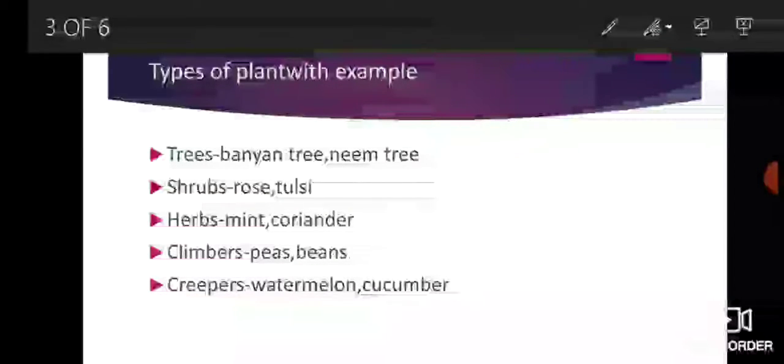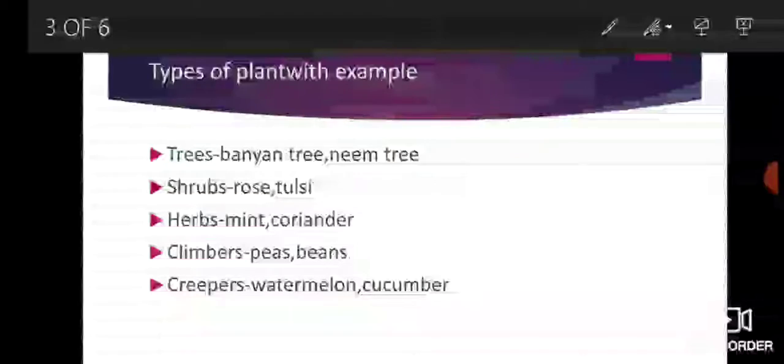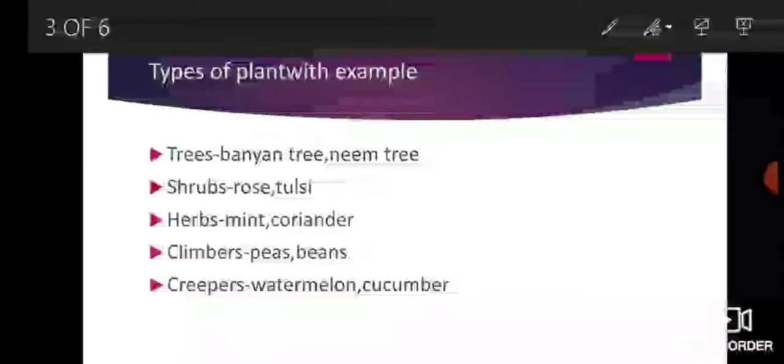They have a very thin stem. For example, mint, coriander, all types of shag. You eat them. All those types of shag, you can say are herbs. Mint, coriander, grass. Grass means ghas.